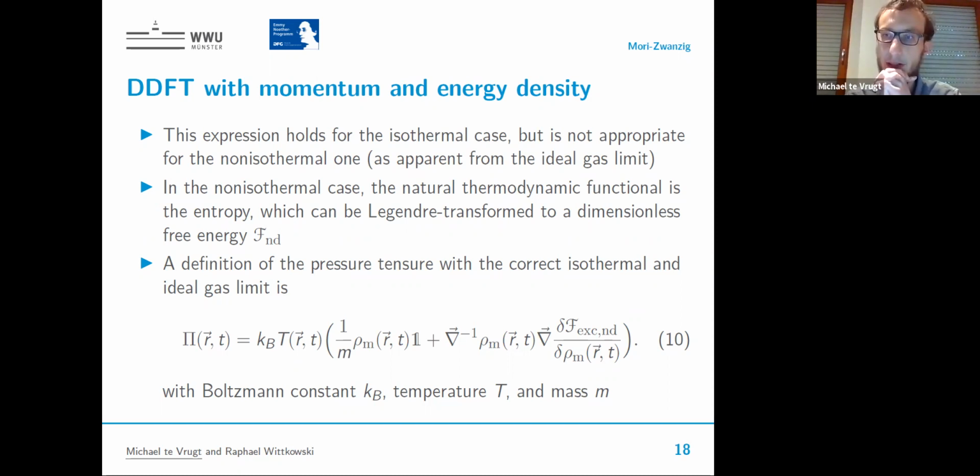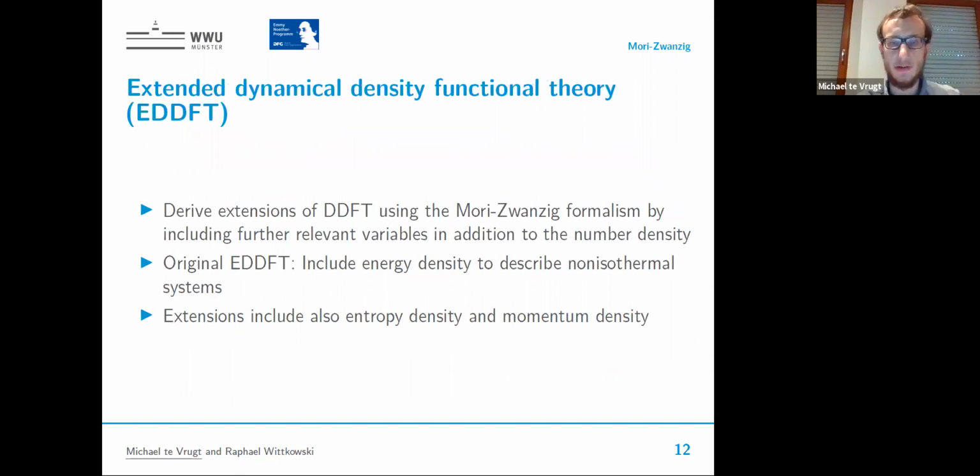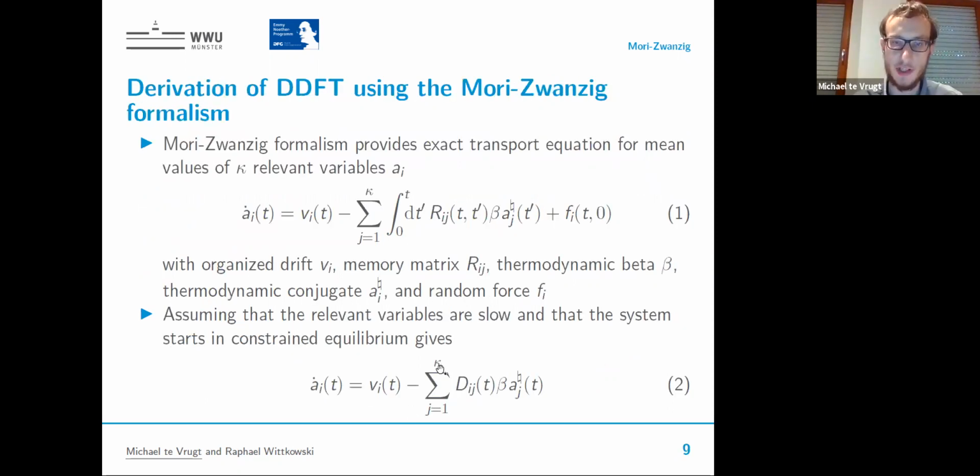You can talk about one part and not the other because they come from the same thing. You can, because as I've shown before, if you derive this general theory, you have the reversible part and the irreversible part, and you have exact microscopic expressions for this one and for this one. And if you arbitrarily decide to set this to 0, then you still have an exact microscopic expression for this term here. And it's perfectly possible to look also at this term.